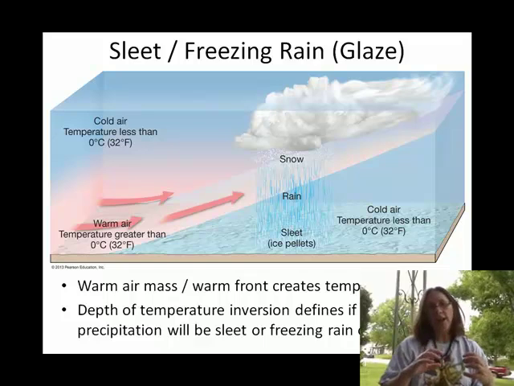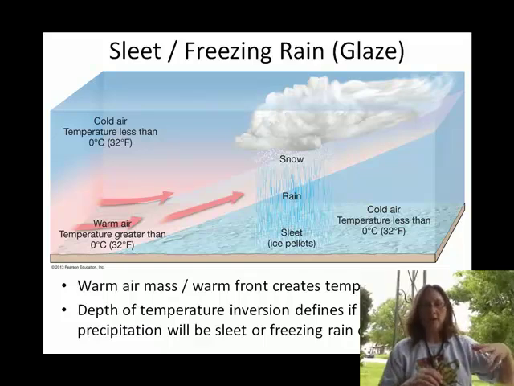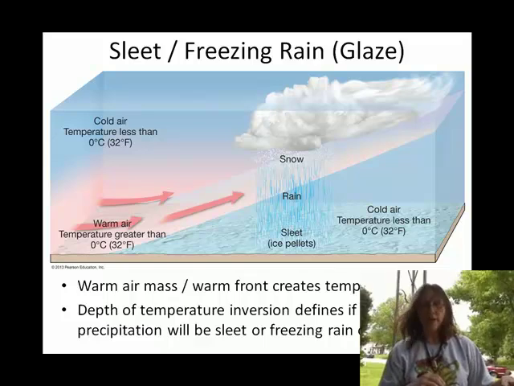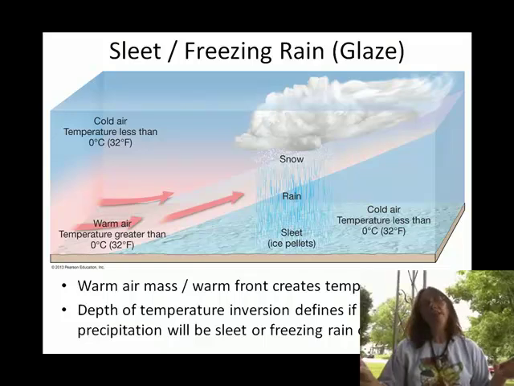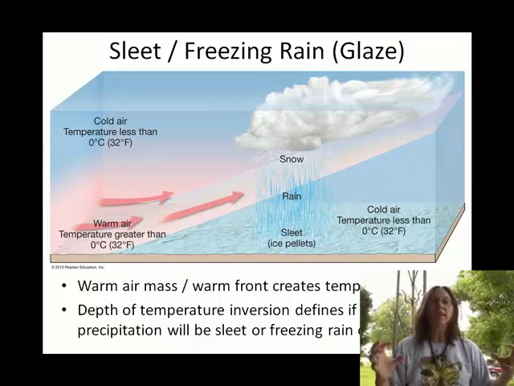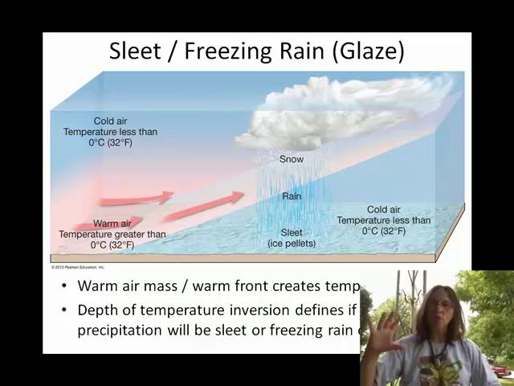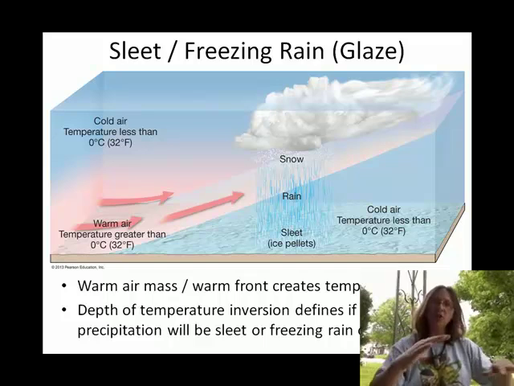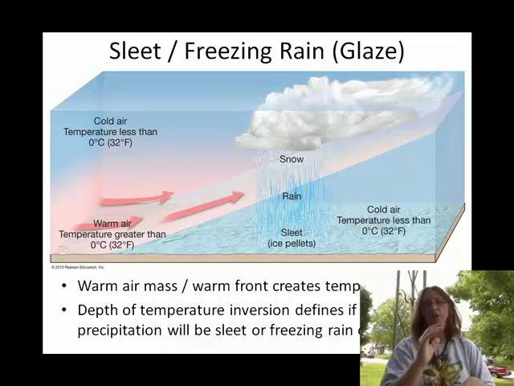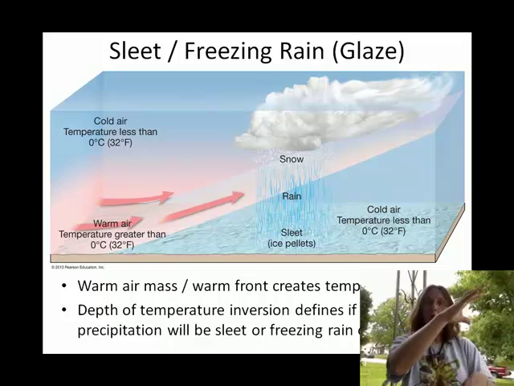You have an air sector on the right that's cold air, and an air sector on the left that's warm air. When chunks of air like this meet, the cold air is more dense and the warm air is lighter. So what's being shown here is overrunning, where the warm air is running up and over the cold air.